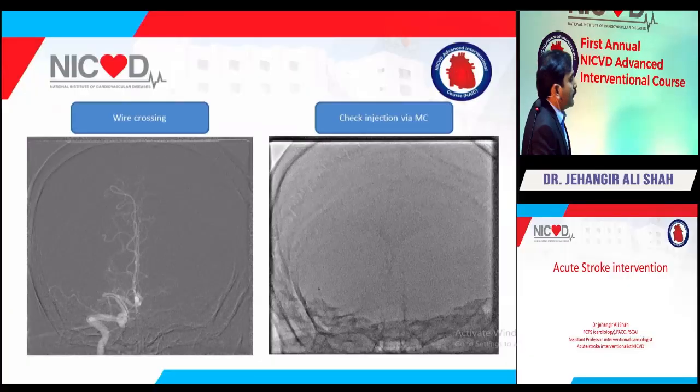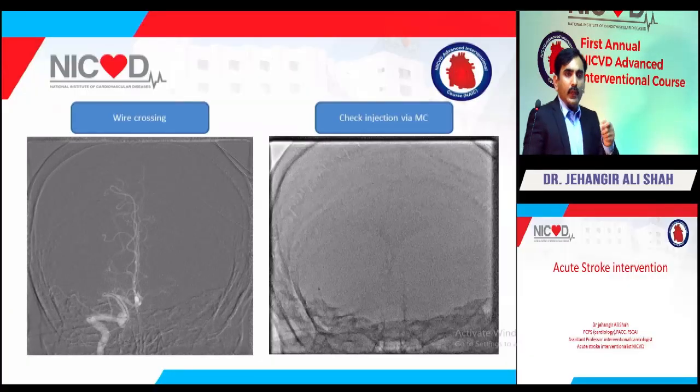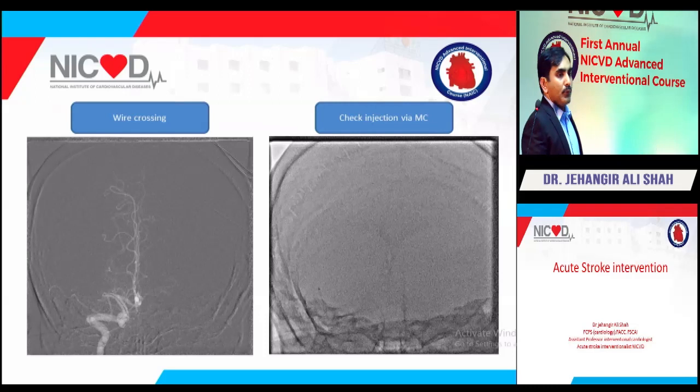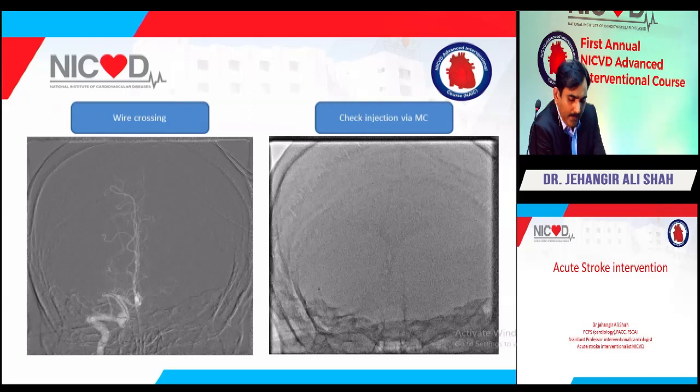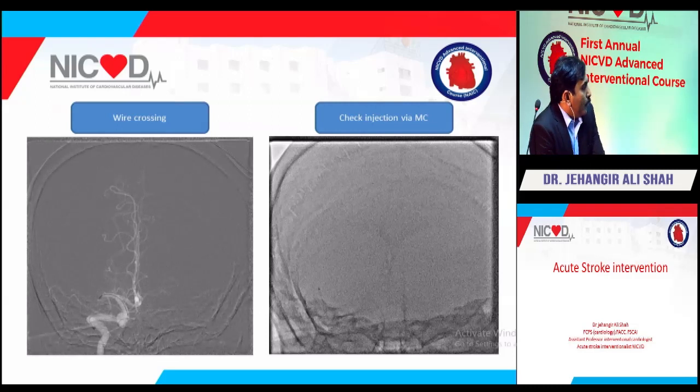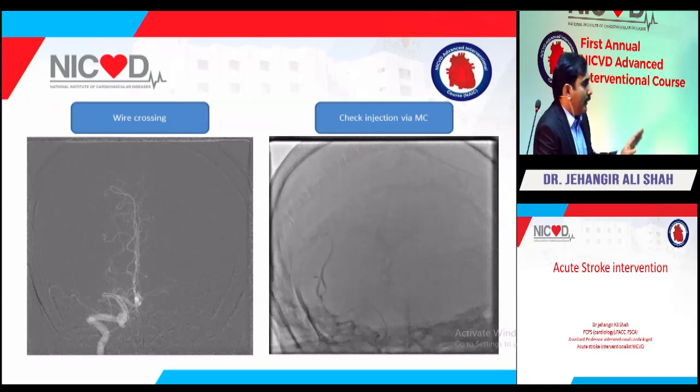We did a wire. In a tortuous vessel, it is very difficult to cross the wire because of the tortuosity, so you have to take support with the microcatheter. With the help of the microcatheter and distal access catheter, we advanced the wire from this area. After advancing the wire, we remove the wire and give a check injection to see whether we are in the vessel or not.